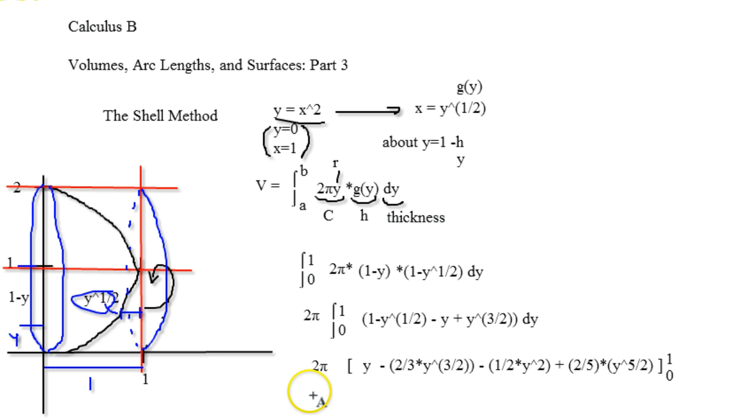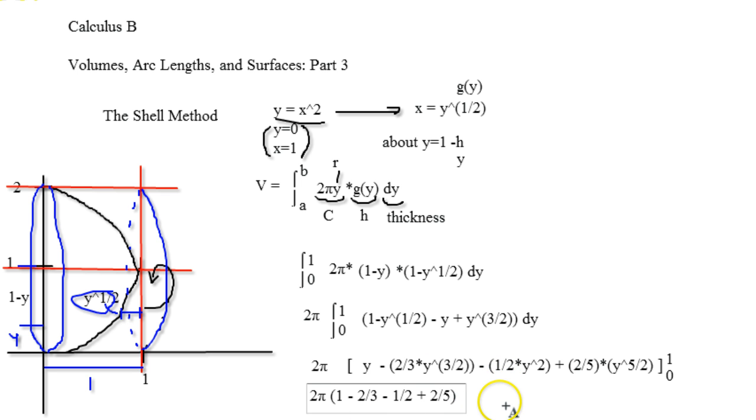Now when I plug in 1, these all just turn into their respective fractions. I'm going to leave the 2 pi out: 2 pi times 1 minus 2/3 minus 1/2 plus 2/5. When I plug in 0, each of these turns into 0, and then times 2 pi, that doesn't get you anywhere.